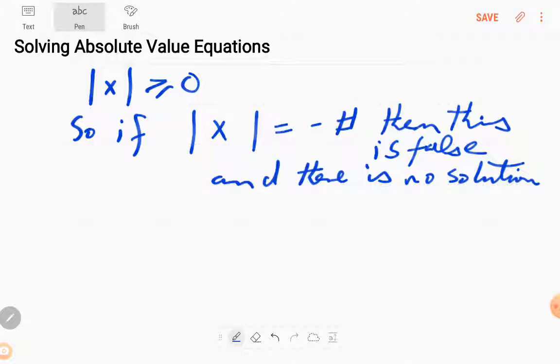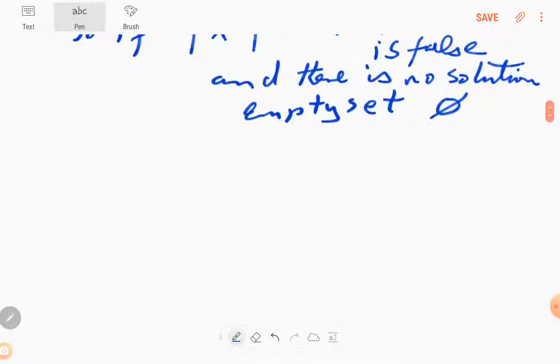And when we say that there's no solution, we could represent that by the empty set. And this is the symbol to represent the empty set.